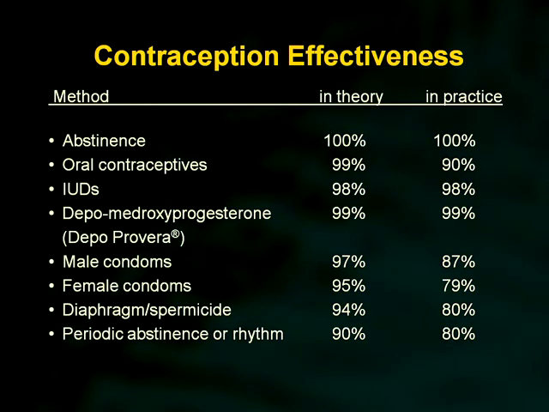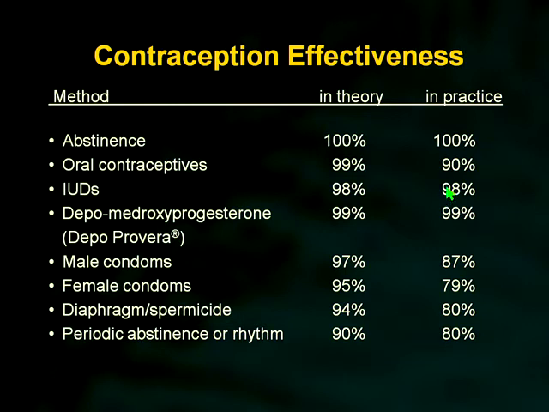So I've indicated for you a chart here that shows you the methods of contraception and how well they work in theory, which is if practiced perfectly, and in practice. So it shows you some pretty big differences. So, for example, a good one is oral contraception. In theory, it's close to 100% effective, but in practice, it's only about 90% effective.